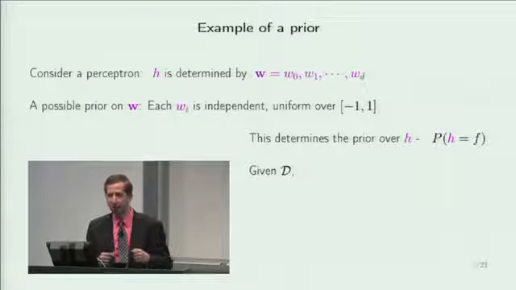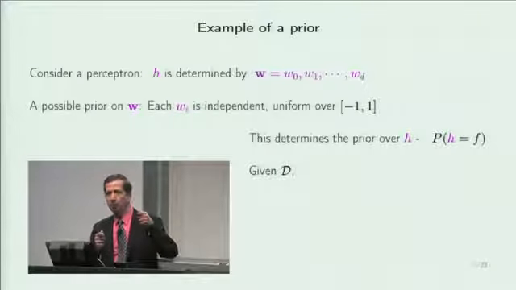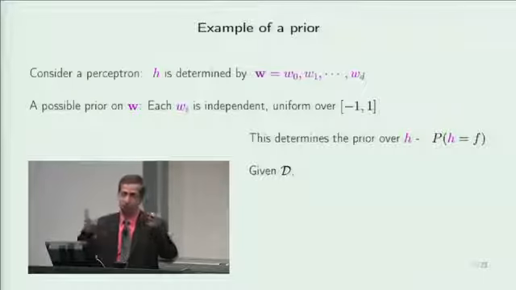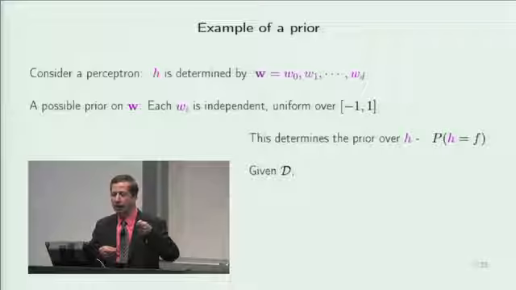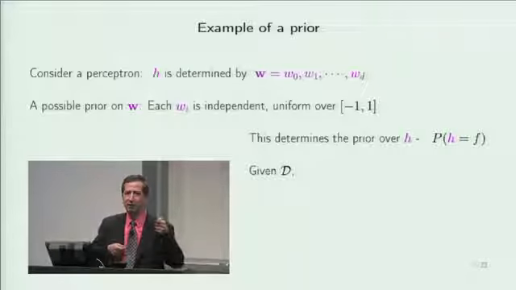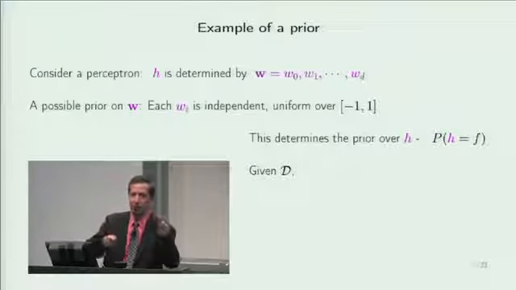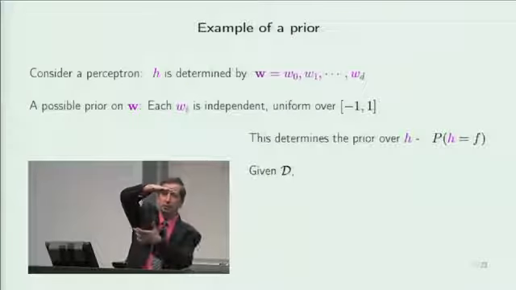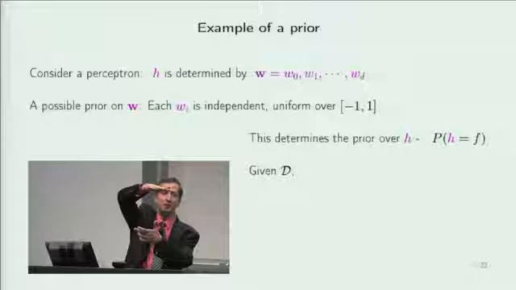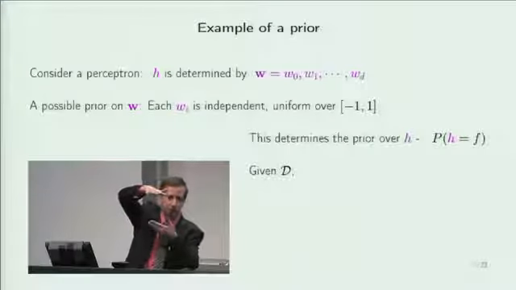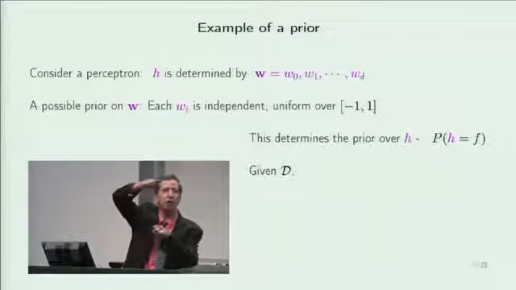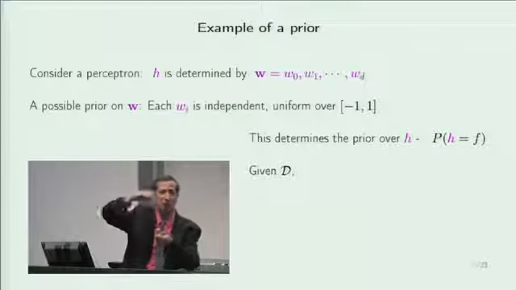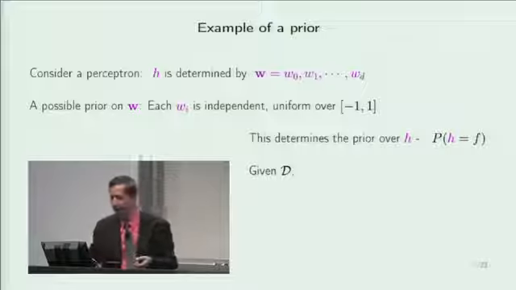And when I'm given the data, I mix my prior belief about which hypothesis is the target function, which seems to be completely uniform, with the data, and the data will tell me that some hypotheses are more possible than others. If I pick something that would require my interpretation of the noise to say that 90% of the points had to flip in order for this to be the correct target, then this is very unlikely because I flipped only 10%, and therefore this hypothesis will get demoted according to the evidence coming from the data.